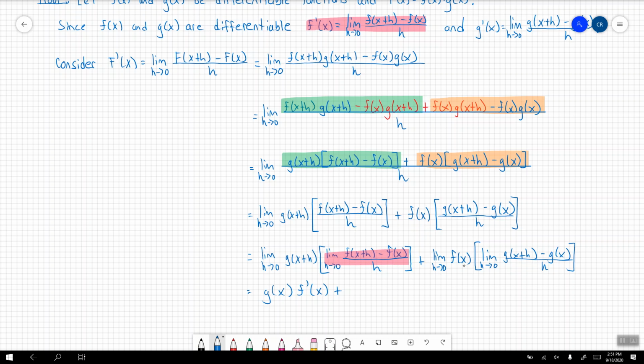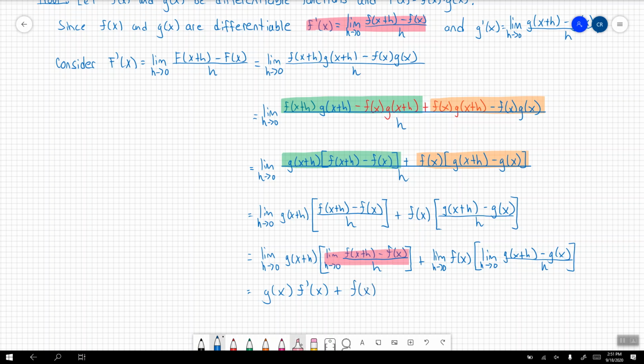Plus the limit as h approaches 0 for my first function, f of x. Notice, since this f of x doesn't have a factor of h, it is not going to be affected by this limit at all, and therefore the limit as h approaches 0 of f of x remains as f of x.